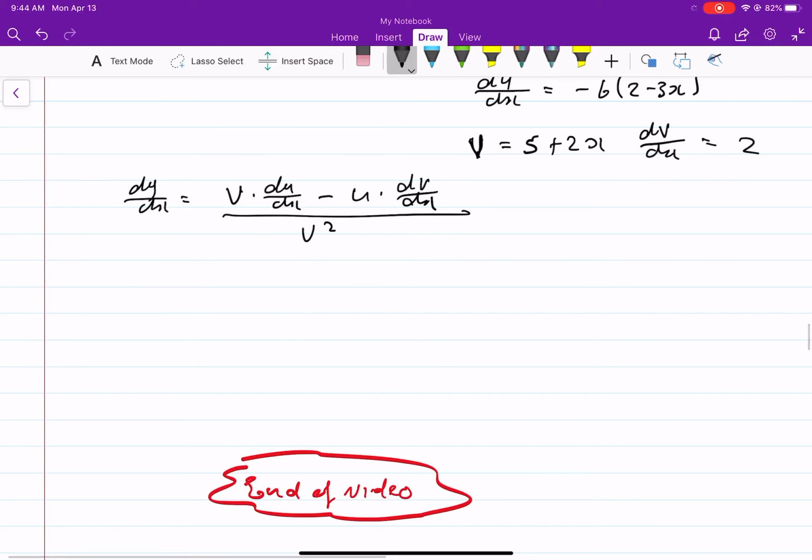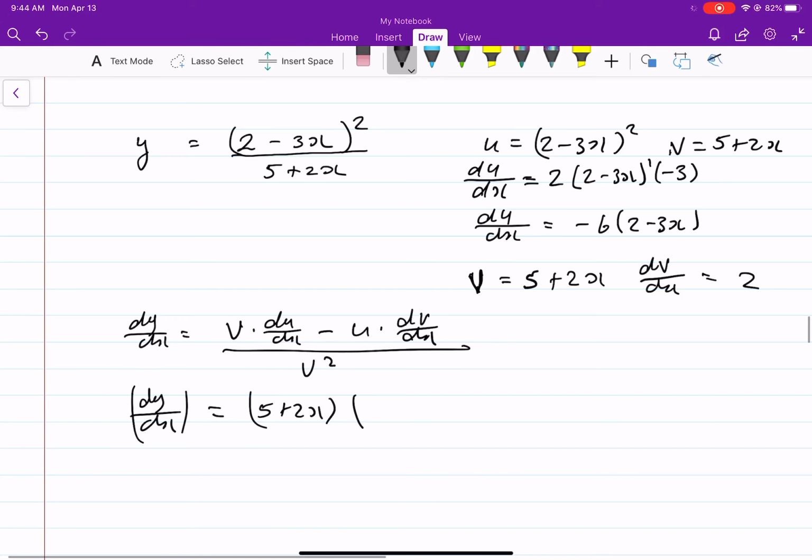Let's plug and chug. dy dx is equal to v, 5 plus 2x, times the derivative of the numerator, which is minus 6 into 2 minus 3x, and then minus u, which is 2 minus 3x all squared, times the derivative of the denominator, which is 2.